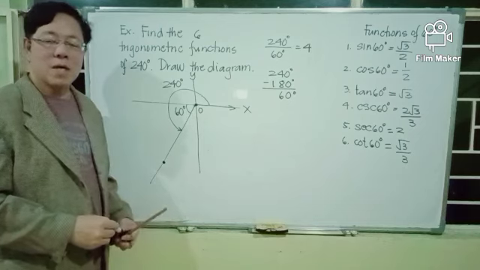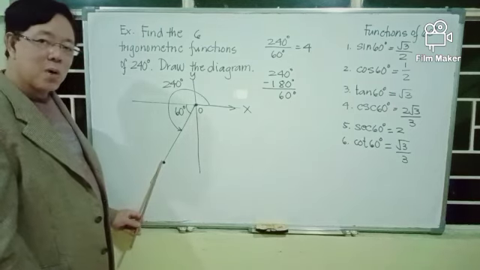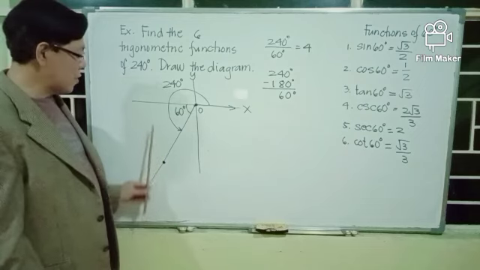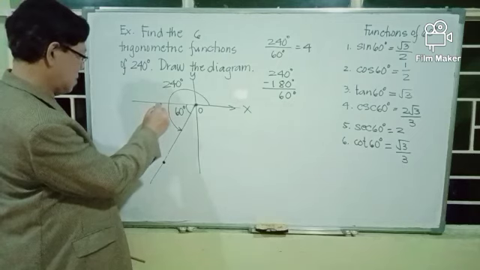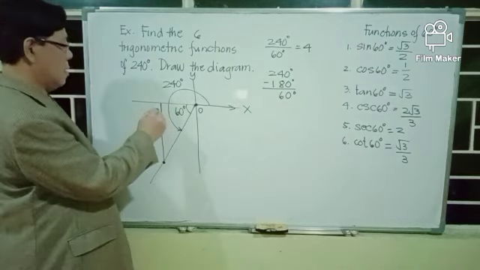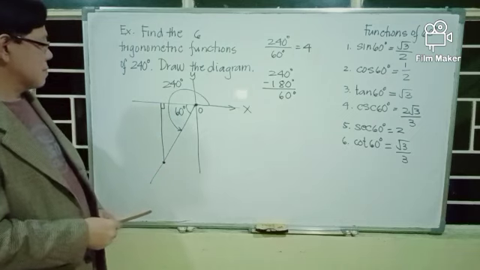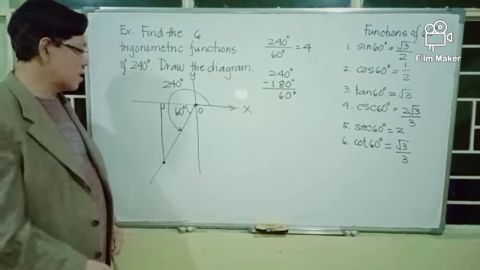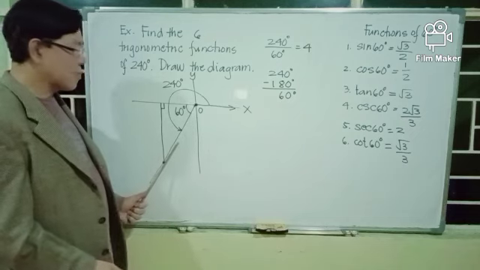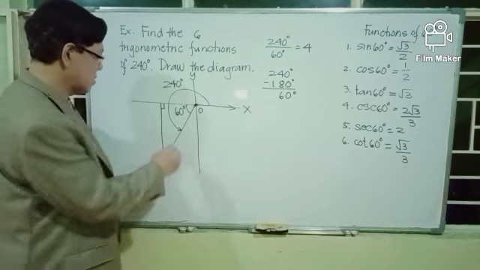To construct a right triangle, you drop a perpendicular from this point on the terminal side of 240 to the x-axis. And this is the right angle. As we did in the equilateral triangle earlier, we take the length of the hypotenuse equal to 1 unit.